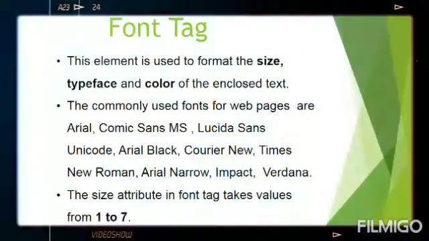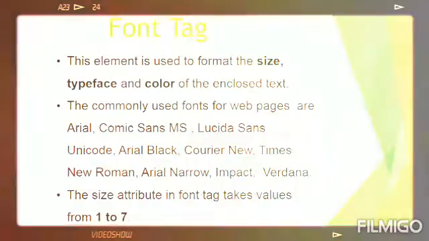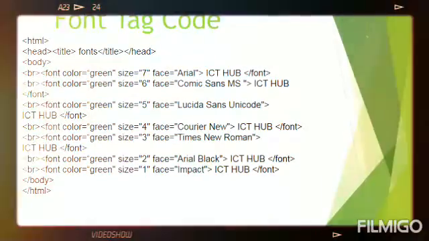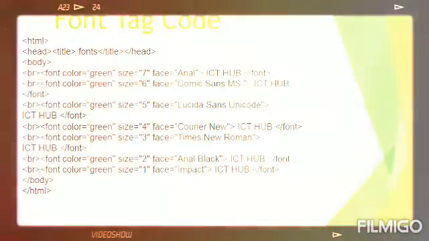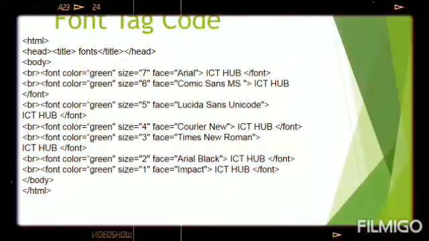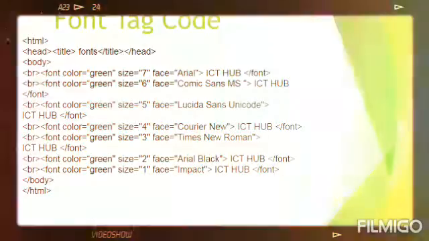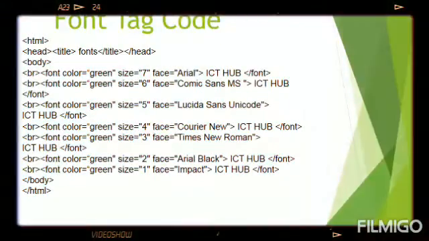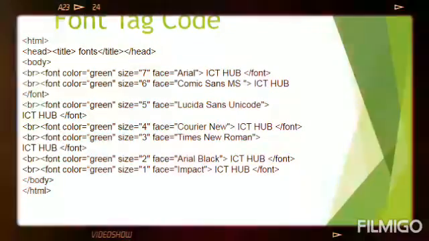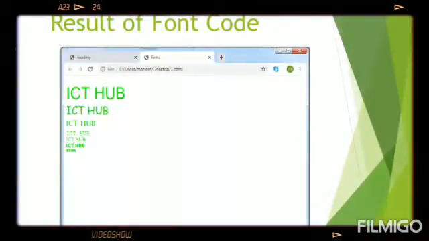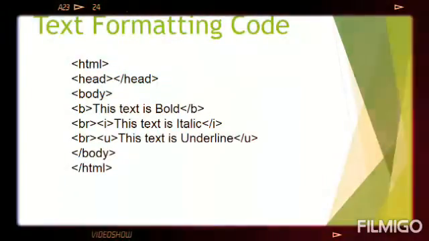The size ranges from 1 to 7. In the second line, we use green color, size 6, and the face is Comic Sans MS. So by using the font tag, you can change the size and style of the font. These are the attributes of the font tag.